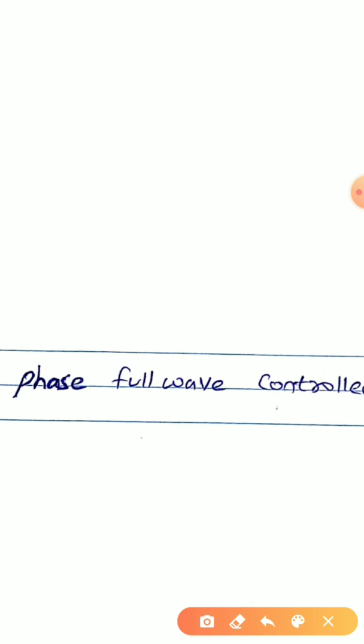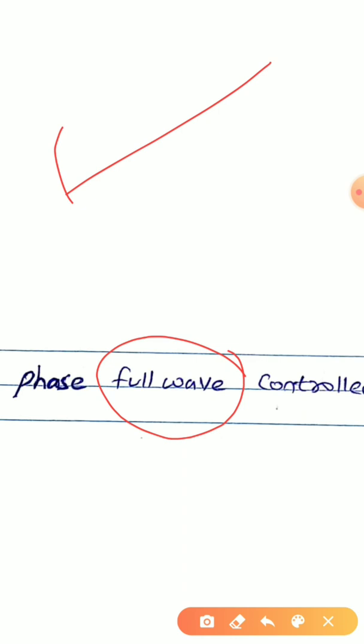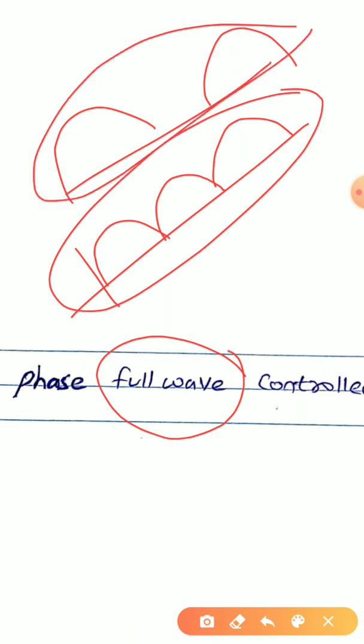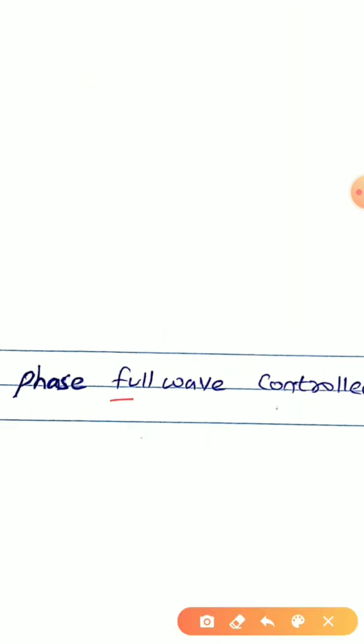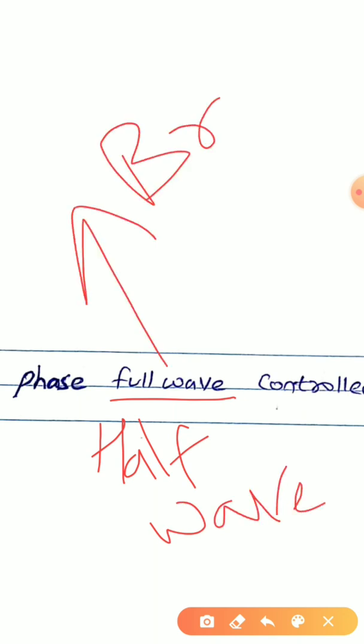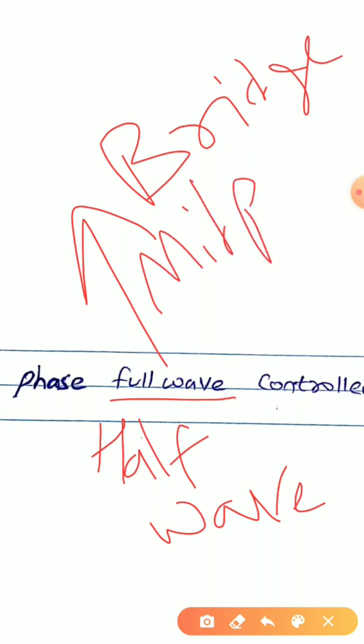Then we have full wave. We have already studied diode rectifiers, and in that we know that two different types of circuits are possible, a full wave rectifier and a half wave rectifier. So this full wave can be replaced with half wave as well. We also know that in full wave I have a bridge configuration and a midpoint configuration.